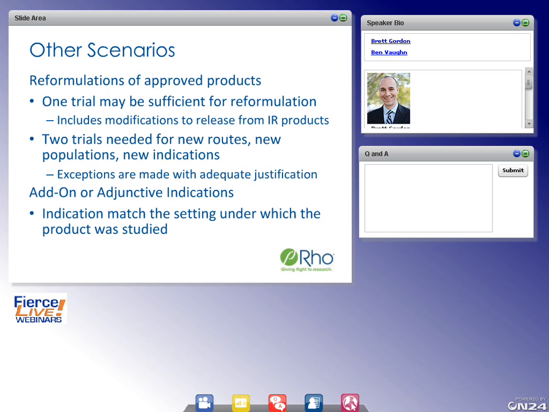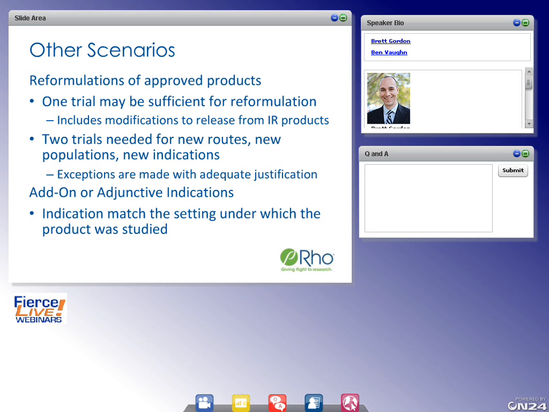So again, speak with the review division. There might be exceptions, and if you think that your product is just a minor change to something existing, or it's not that much of a reach to go to these new indications, then 1 trial may be sufficient.